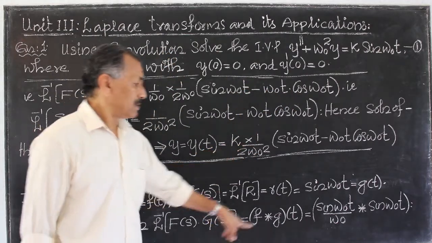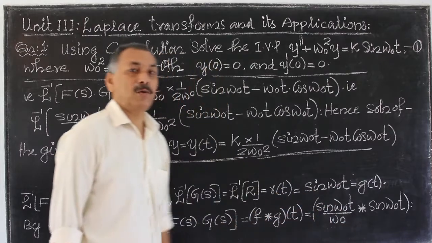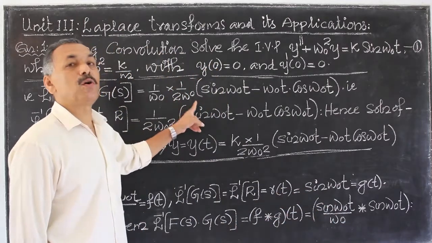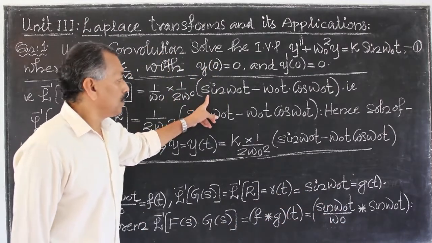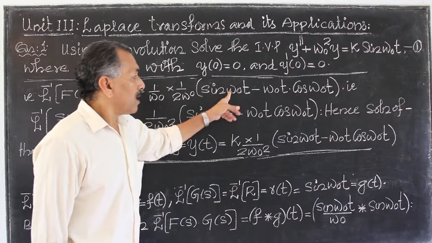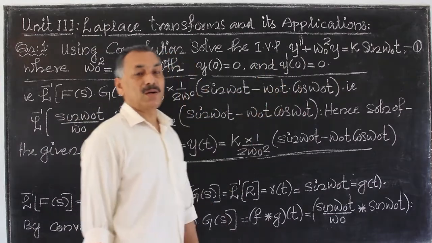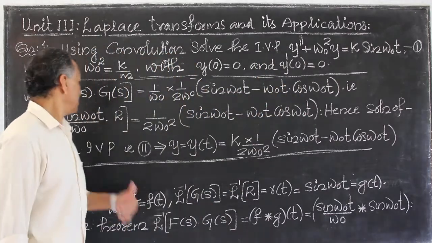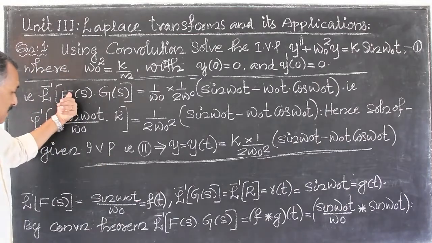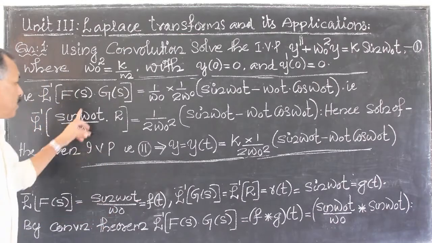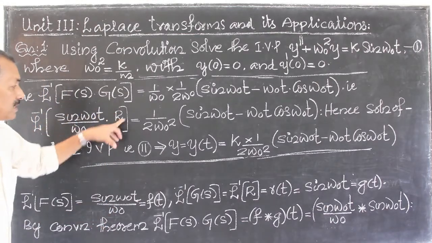Then sin omega naught t convolution sin omega naught t is equal to 1/2 omega naught square into sin omega naught t minus omega naught t into cos omega naught t. What is F(s)? F(s) is equal to sin omega t by omega, into G(s), which is r.